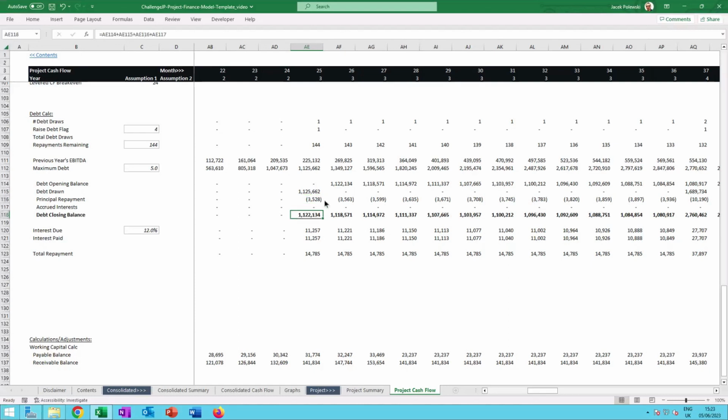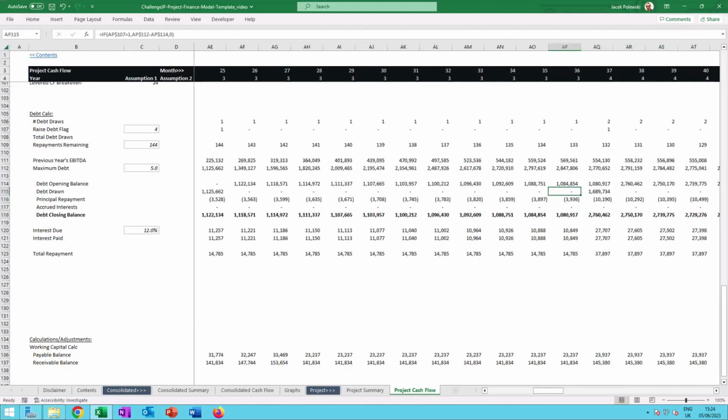So to repay your debt amount. Okay. And then if you scroll to the right, you will see that that calculation is repeated over time. And then you will see here we have a second period of it when we draw the debt. Here, in the previous year, I've generated 554,000 in revenues, using our 5 times EBITDA multiplier to calculate the maximum debt.